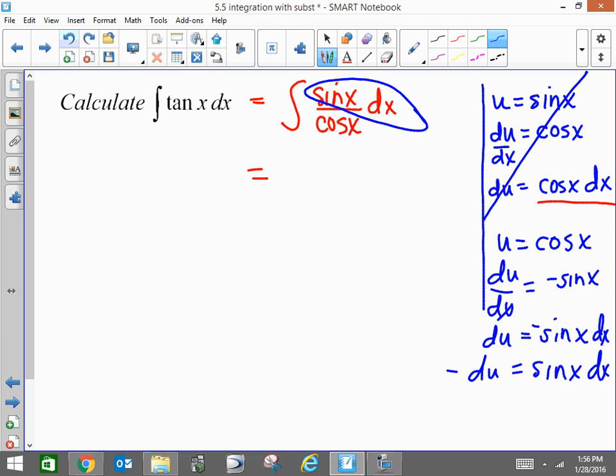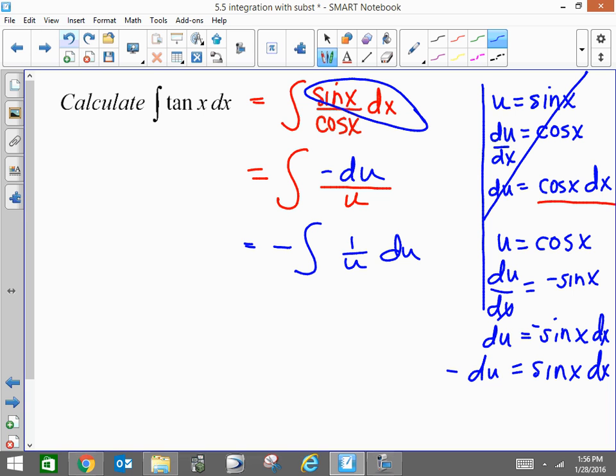So that's going to get replaced with what? Negative du. Okay, which is negative, what's left here? And I put du back. You mean 1 over u?